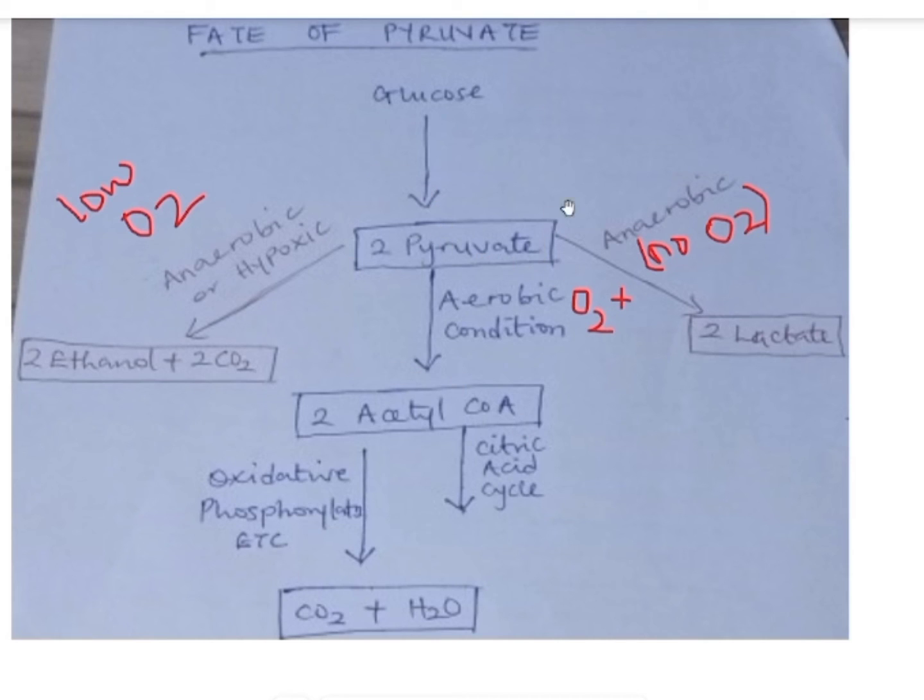Pyruvate again can go through the anaerobic process. Anaerobic condition means not enough oxygen or no oxygen at all, and what it produces is two molecules of lactate. Lactate is a byproduct formed as a result of fermentation in heavily worked muscles, and this is what you feel when your muscles start to get sore from overexertion.